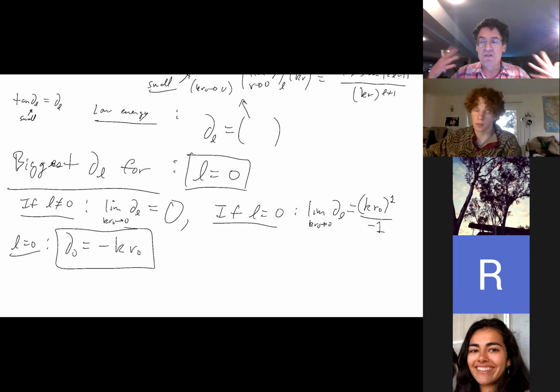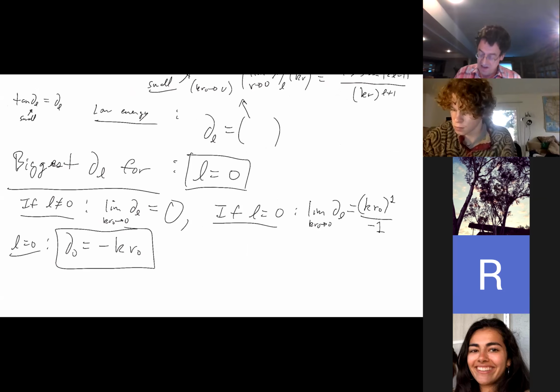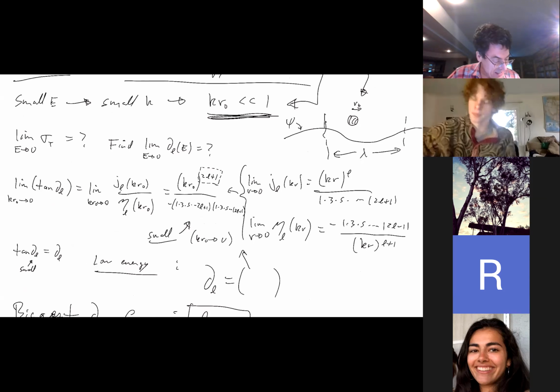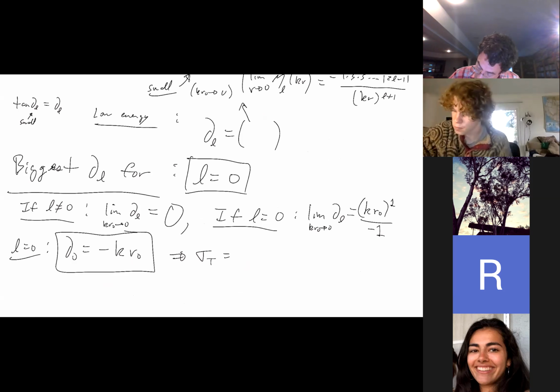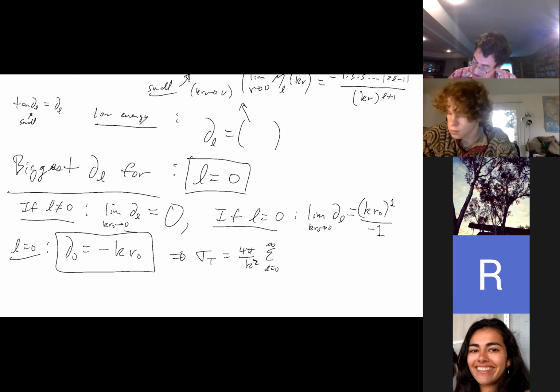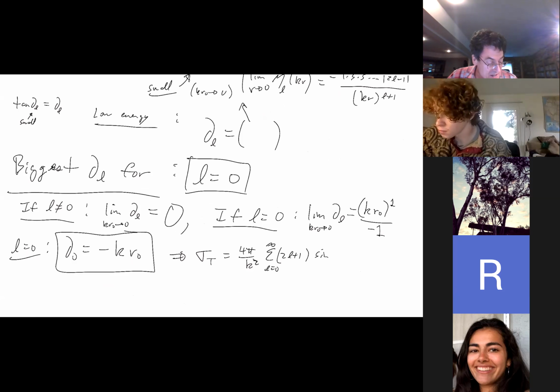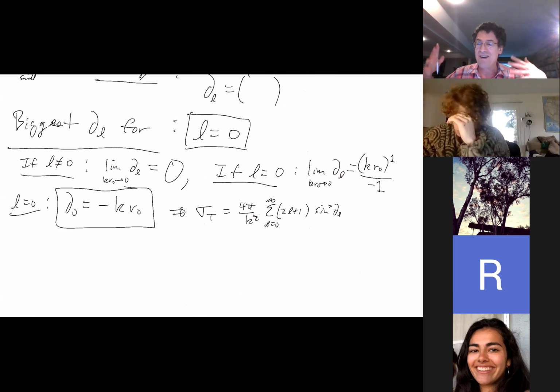So that's the L equals 0 phase shift. And so then the total cross section is equal to the sum. The sine squared just goes to delta L squared. Exactly. L equals 0 to infinity, 2L plus 1, sine squared delta L. And you see that they all go to 0.